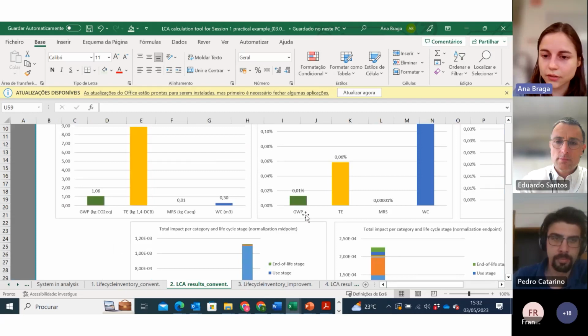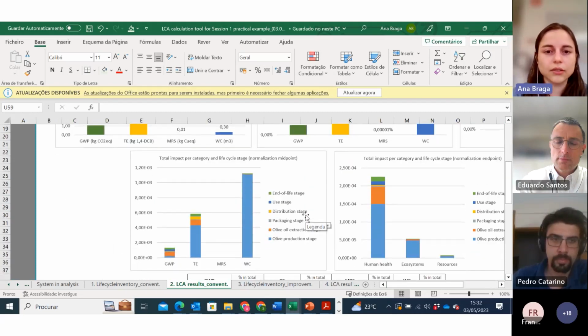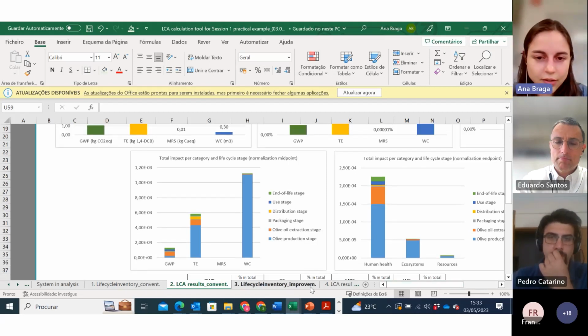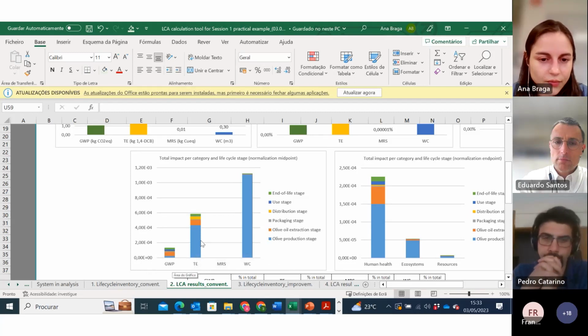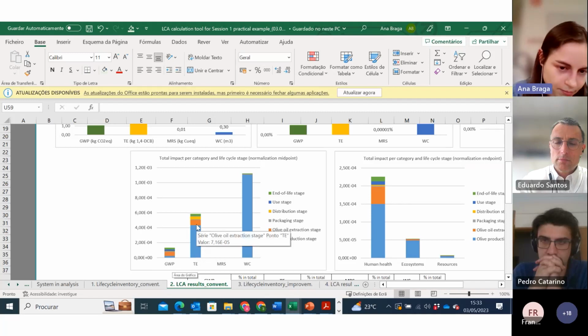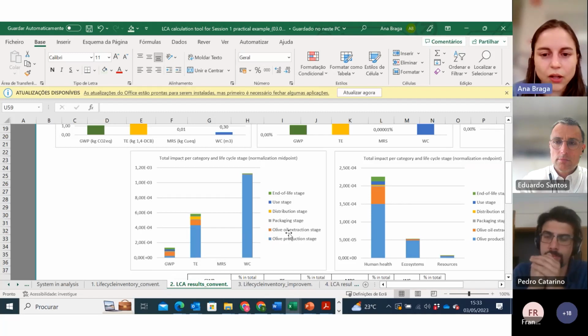Then we can divide the results by stages of the life cycle. It's an interesting analysis. For our main impact categories, here in blue we have the olive production stage, and the second biggest is the olive oil extraction.